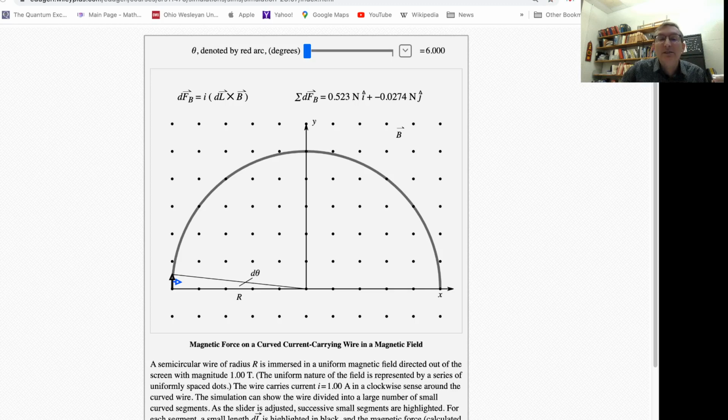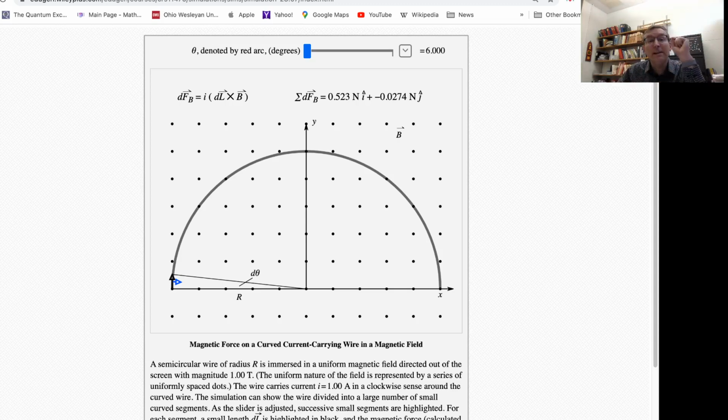Okay, so now you're seeing, in this animation, a half circle of wire. The wire is going in a half circle in the XY plane, with the current starting out on the lower left side, and the current's going around clockwise.